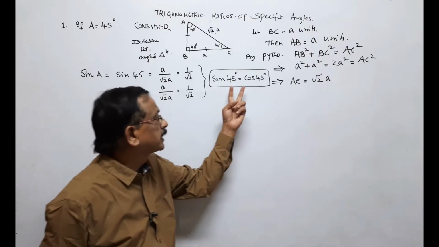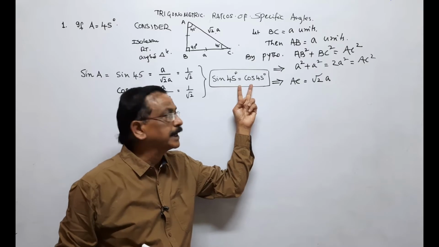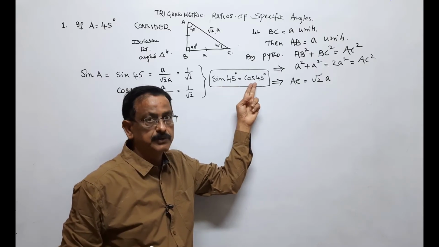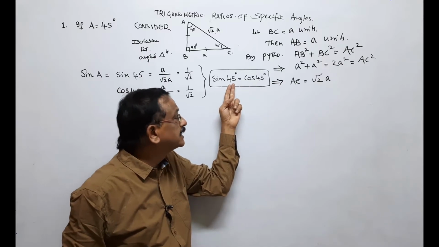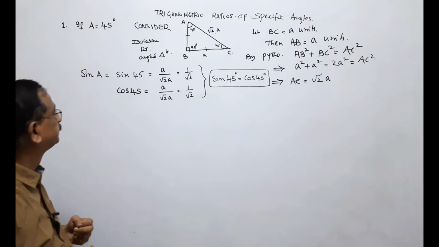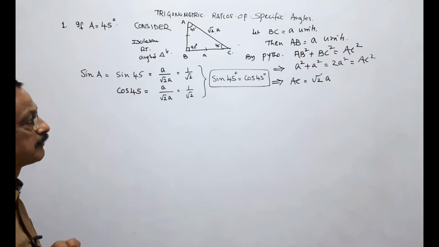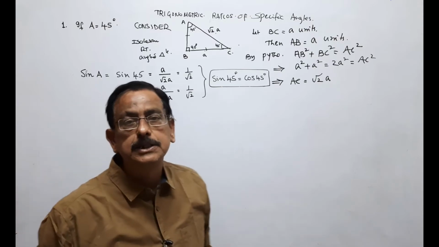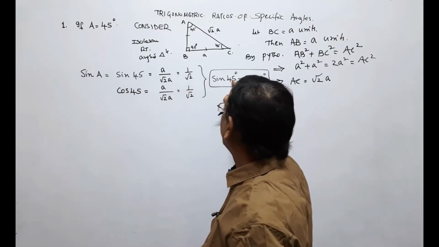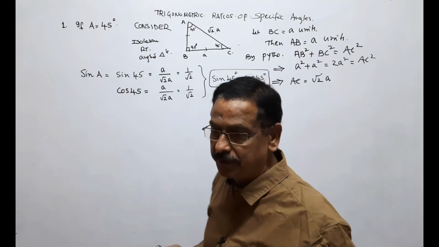The trigonometric ratios of sin and cos agree at 45. Sin 45 is 1 over root 2, cos 45 is 1 over root 2. Why a specific angle of 45? Because it is half of 90, 90 by 2 is 45, so I can evaluate sin 45.